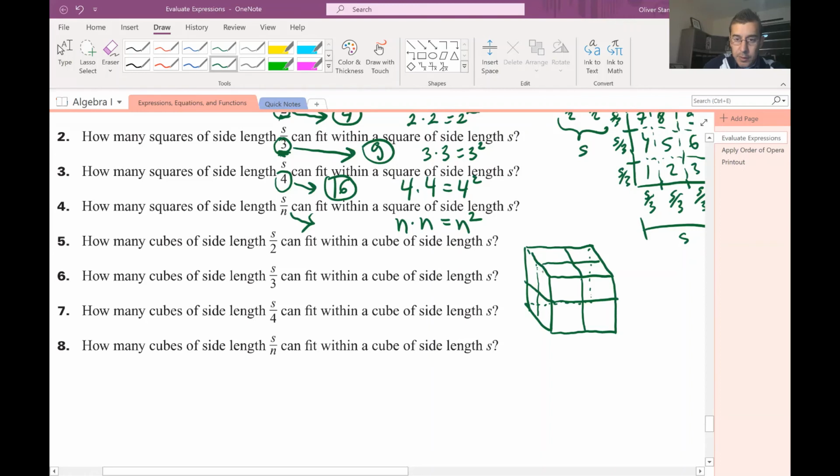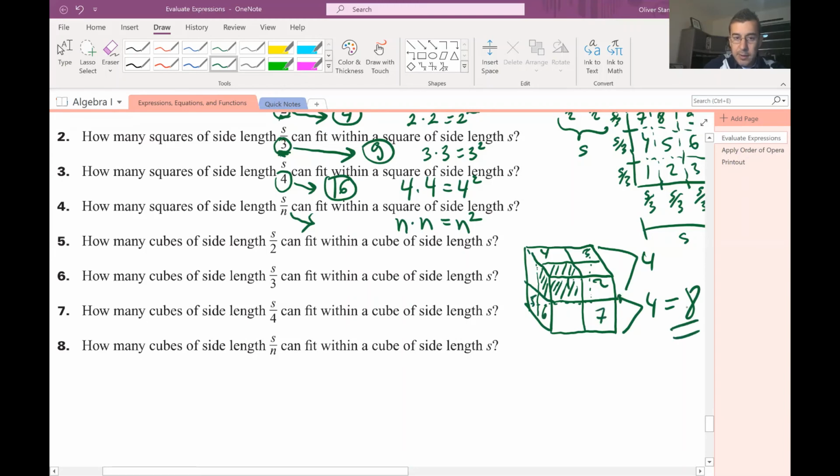So there is 1 here. This is 1, right? There is 2, there is 3, there is 4. So there are 4 on the top, and then there are 4 on the bottom here, right? So that is 8. So 1, 1, 2, 3, 4, and then 5, 6, 7, and then the one in the back here, 8.